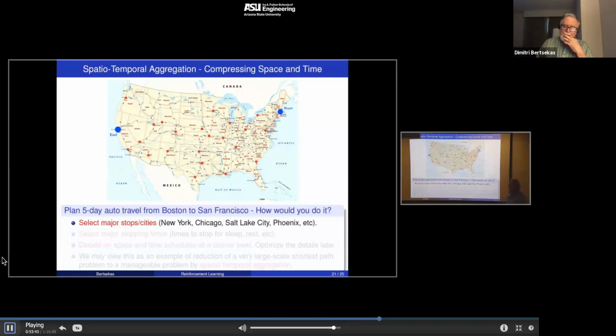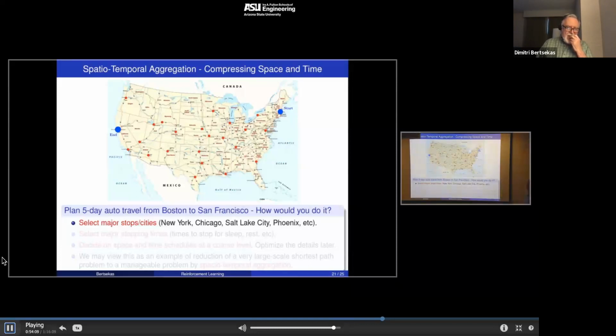People have looked at compression of video, compression in space, and also compression in time, like time lapsing. People have worked on this spatial temporal compression for video signals. But now we're going to take the same idea and apply it to the dynamic programming context.